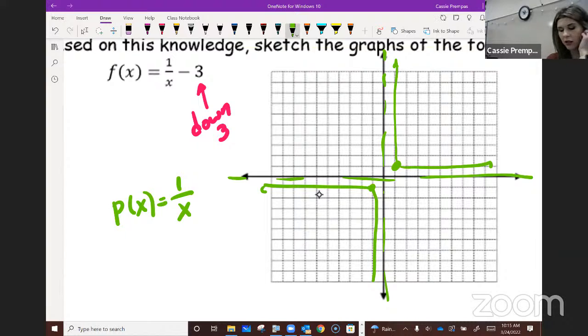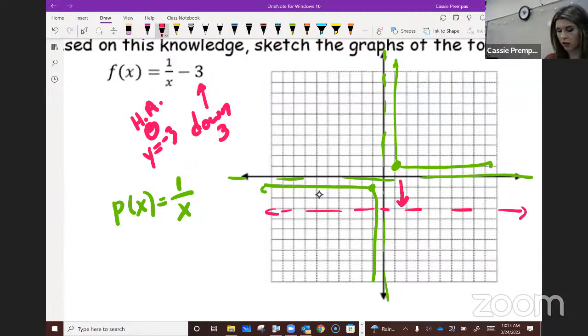Is it going to be the vertical asymptote or the horizontal asymptote? Horizontal asymptote, because the graph is moving down 3. So where will the horizontal asymptote move to? Down 3 to -3. 1, 2, 3, -3. So then the horizontal asymptote is at -3.